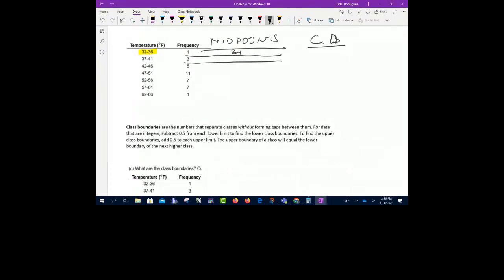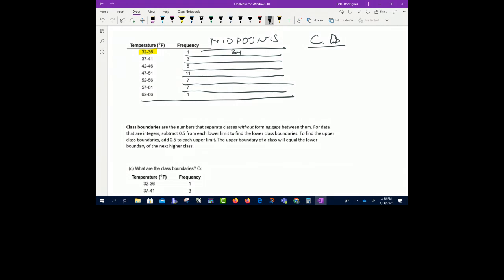And I think this one is big enough to where we can probably fit everything in a little bit neater, okay? Does anybody know what's the class width? What's the class width here? 5, right? It's 5 because we're going to say what's 37 minus 32, and it's 5.